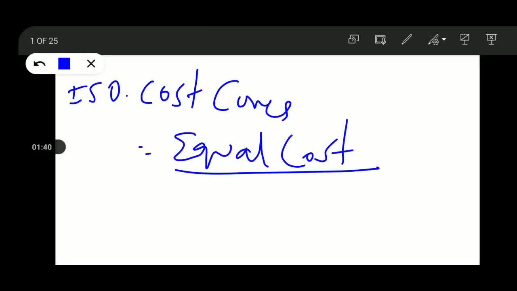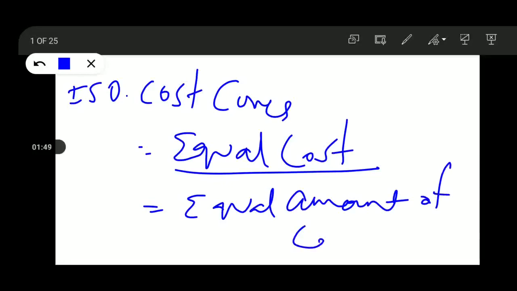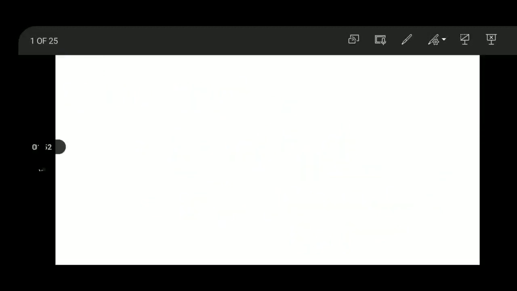Isocost means equal cost, or equal amount of cost. An isocost shows the combination of two factors that cost the same to employ.